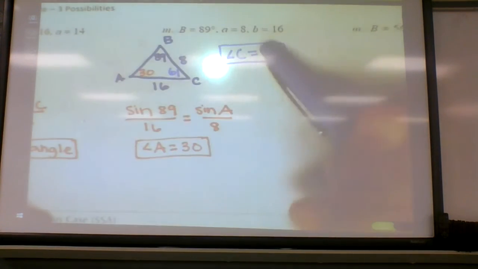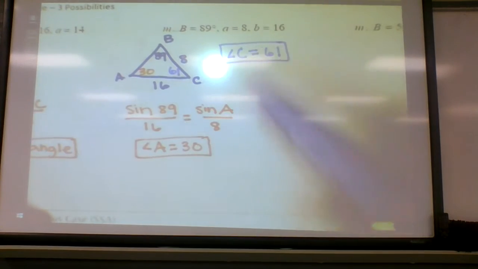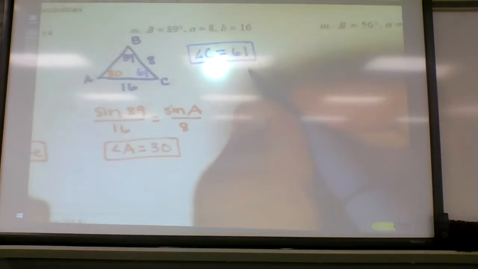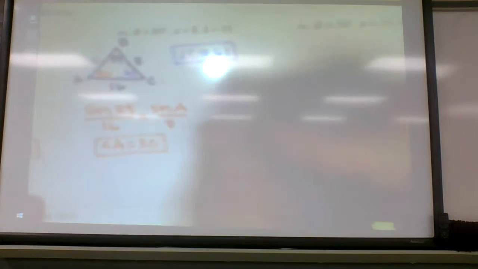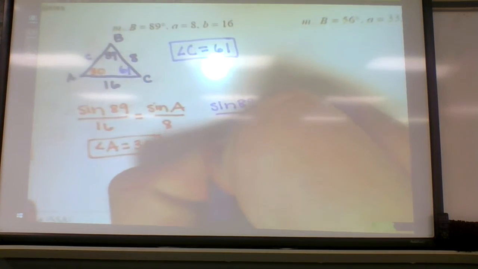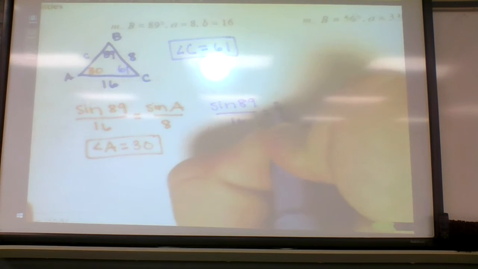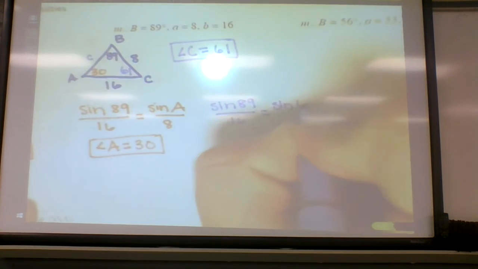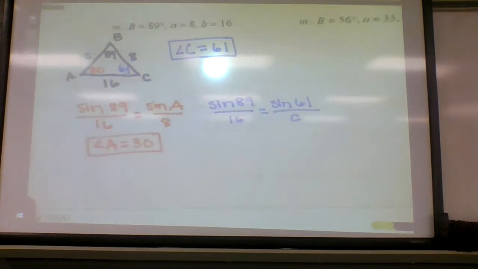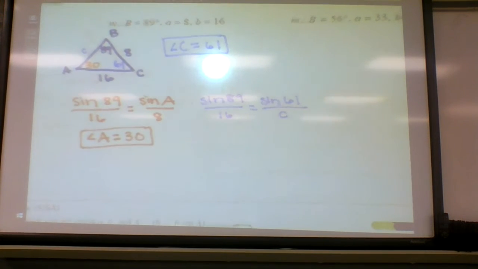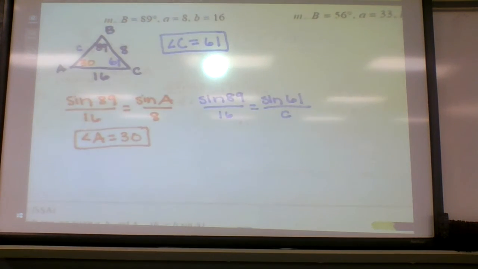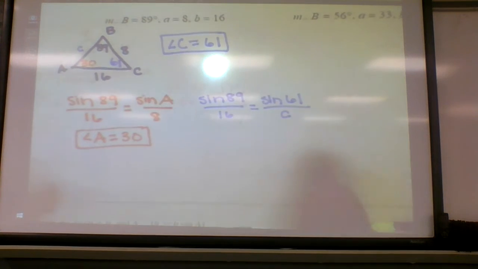And so far, all of our numbers make sense based off our triangle, right? So then we have to find side little c. So we're going to say sine of 89 over 16 would be the sine of angle C over little c. And that solves just like they were solving on the front, yes?